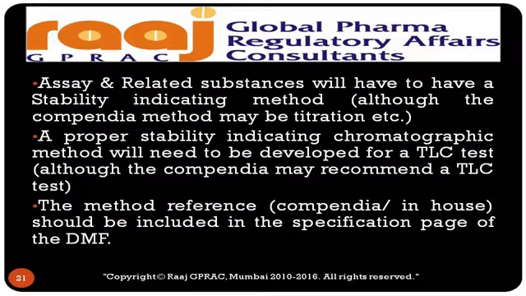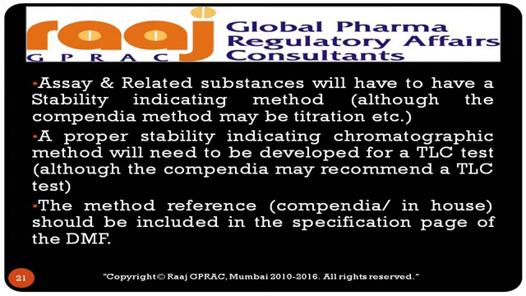Because during stability many degradation products are generated, and your method should be rugged enough to capture those impurities during the analysis. So, you have to develop a method and validate it as per ICH Q2, which is called the stability indicating method, because that method will take care of the impurities or degradation products generated during the shelf life.